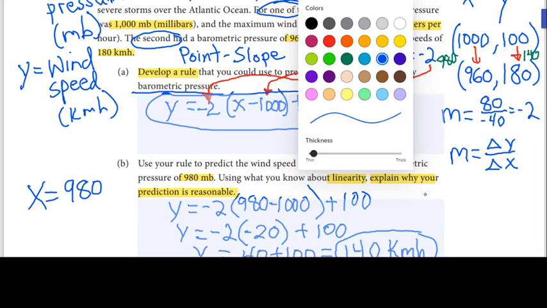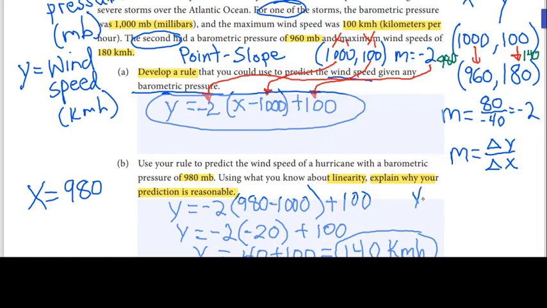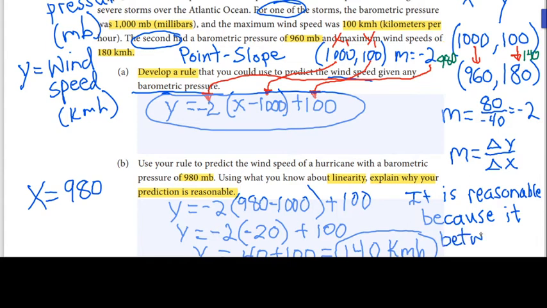Okay, so yes, is it reasonable? All right, I'll say it is reasonable because it fits between the two other points.